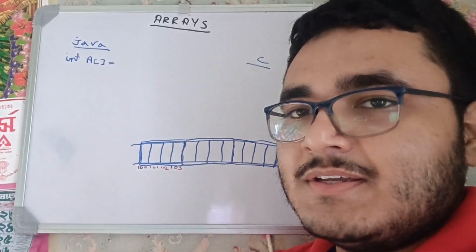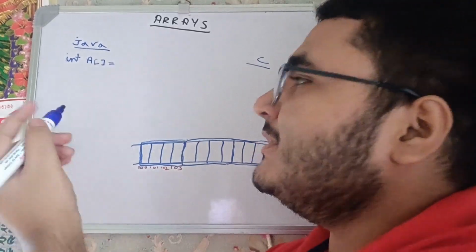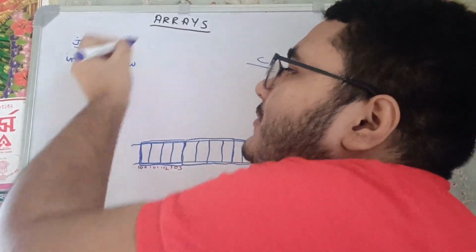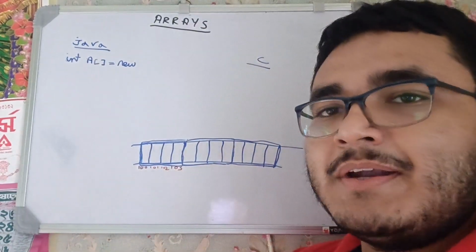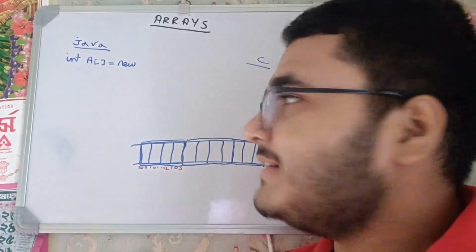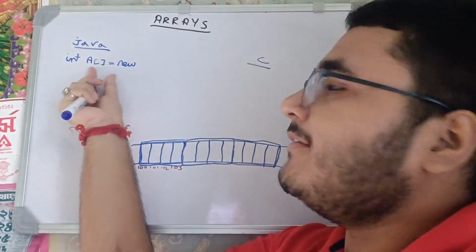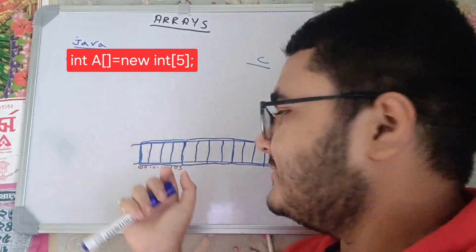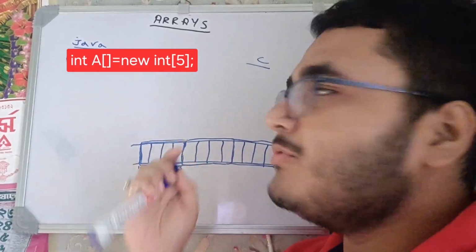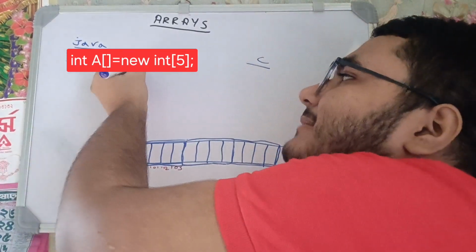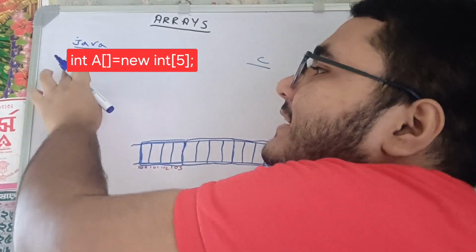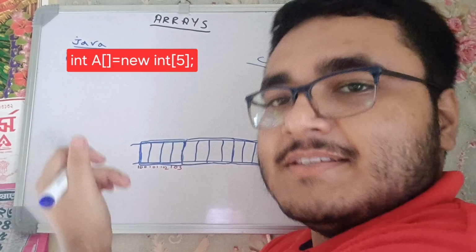How to let the compiler know how many slots it should allocate? First of all, this is Java, so the new keyword is used for a new object I am creating in memory, because a will have its own object.